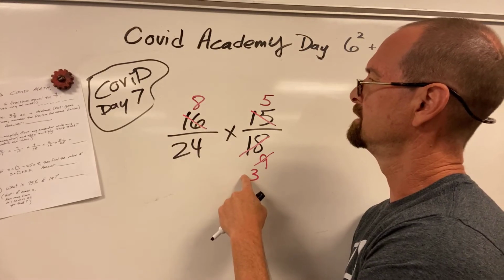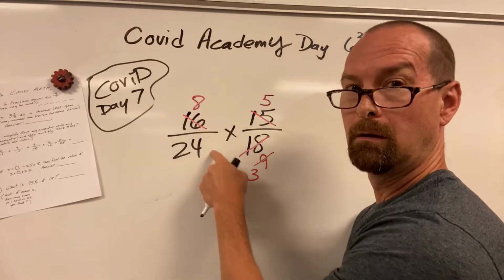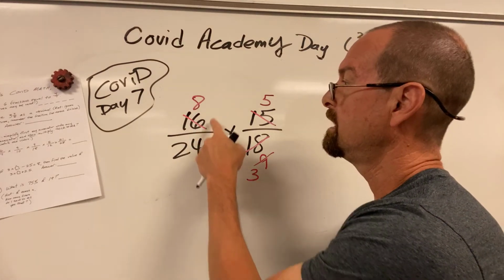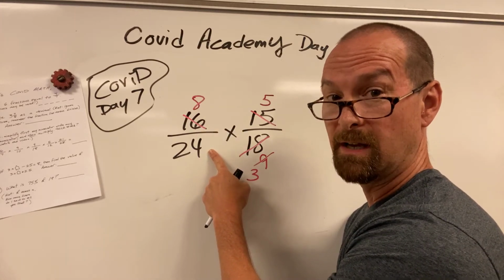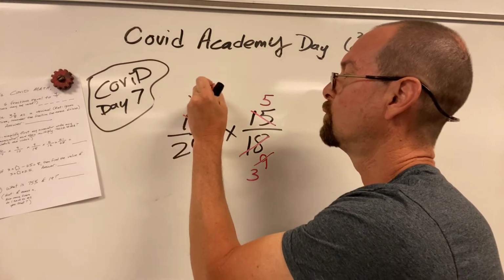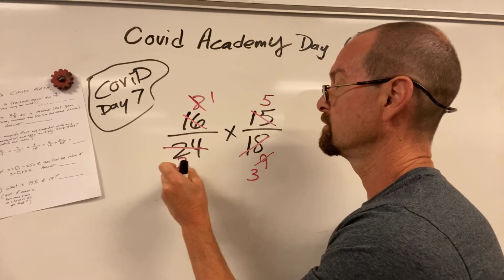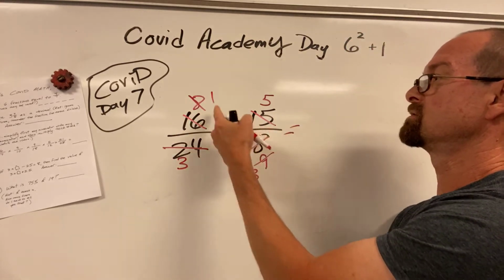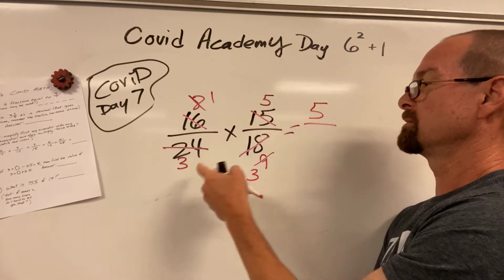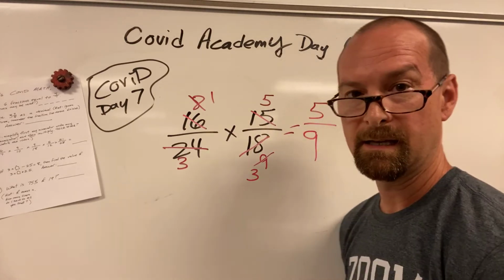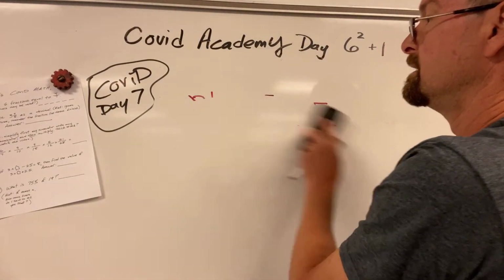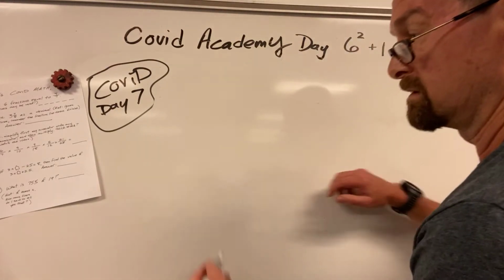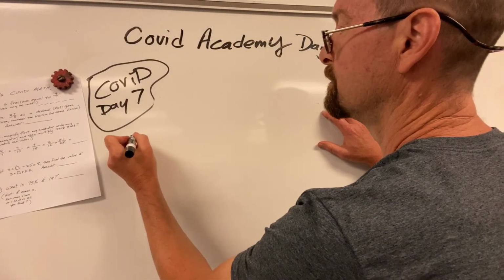I can divide 8 and 24 by 2, but 8 is a better number. 8 divided by 8 is 1. 24 divided by 8 is 3. Now there's nothing left, and I just do tops times tops, bottoms times bottoms. Now, same deal on this big train wreck of a problem I gave you, except there are just more of them. It makes it more fun.